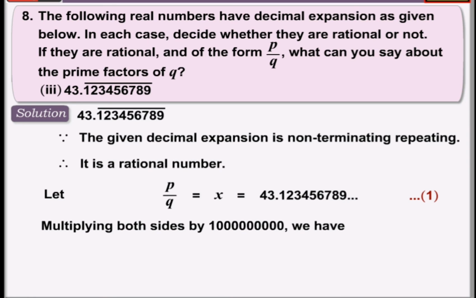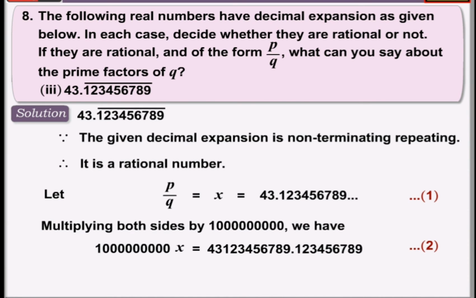Multiplying both sides by 1000000000, we have 1000000000 into x is equal to 431234567.89123456789. Let us put it as 2.